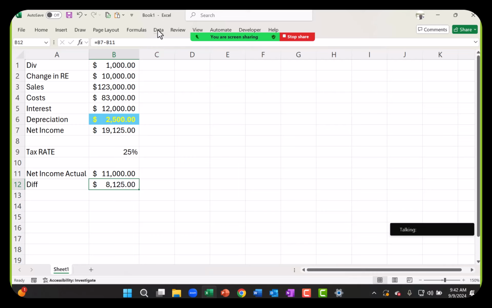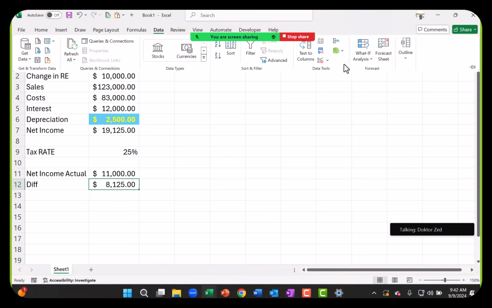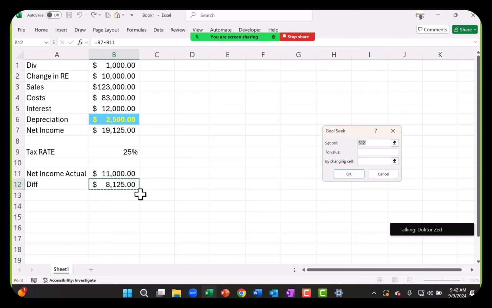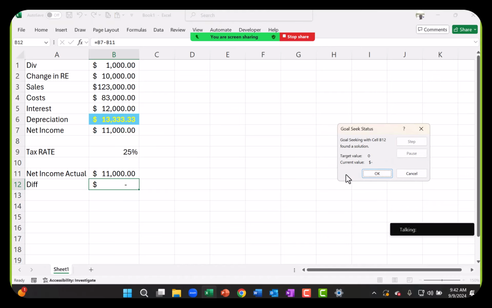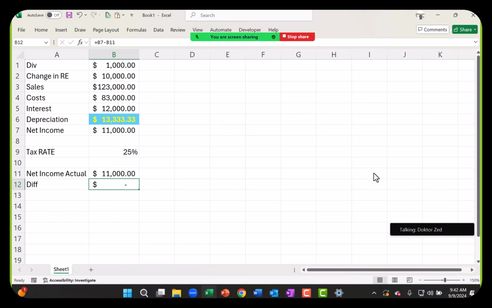I'm going to do data, what-if analysis, goal seek. Make that difference 0 by changing what I don't know, depreciation. Turns out it needs to be 13,333.